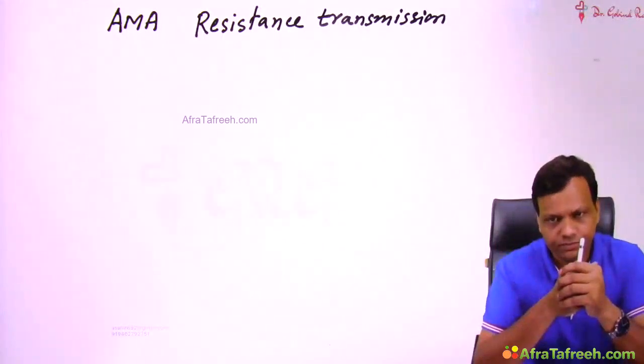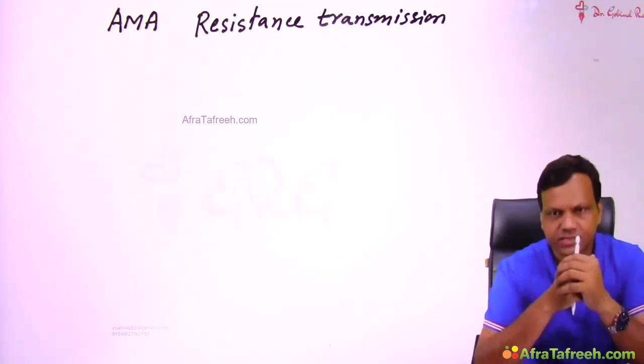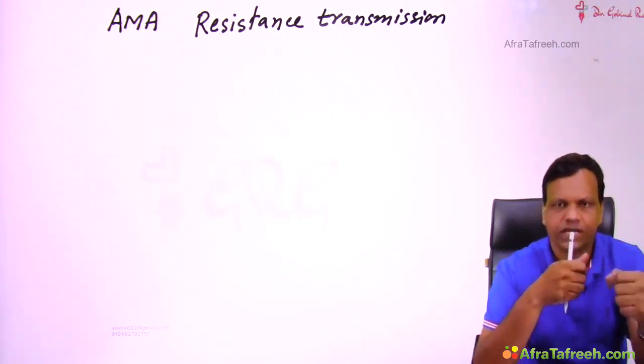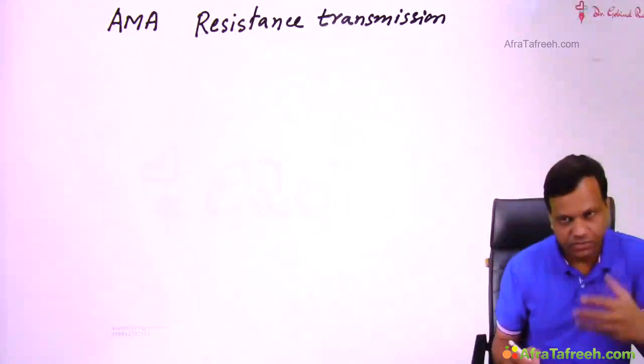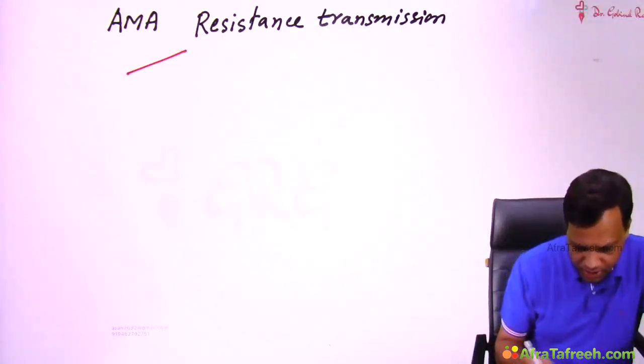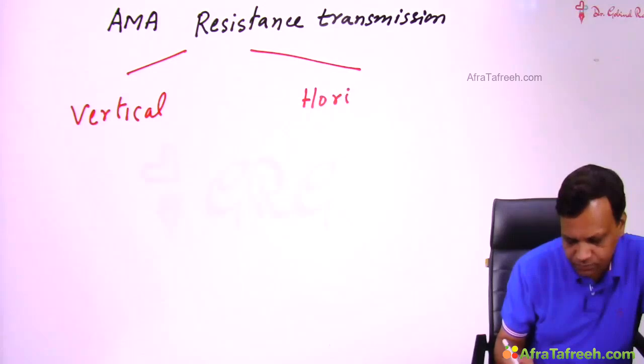We will discuss how antimicrobial resistance is transmitted from one bacteria to another bacteria. Grossly, transmission of antimicrobial resistance we can divide into vertical transmission and horizontal transmission.